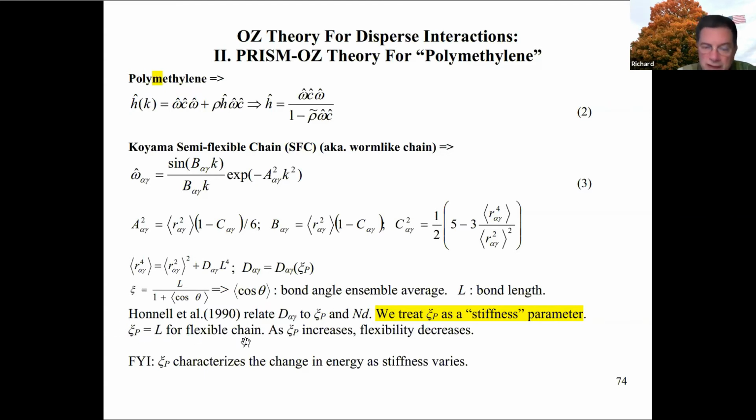If it was a flexible chain, that would just be equal to the bond length, in other words, the diameter of one site for a necklace chain. The counterintuitive part is that as you shorten the bond length to make something more like an n-alkane chain, the persistence length gets longer. And so that's going to be the key impact on our polymers as we go to longer and longer chain lengths.